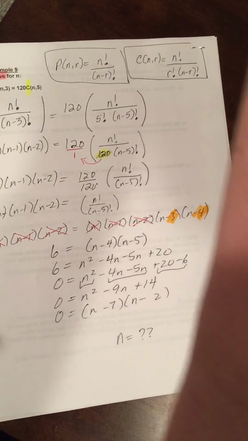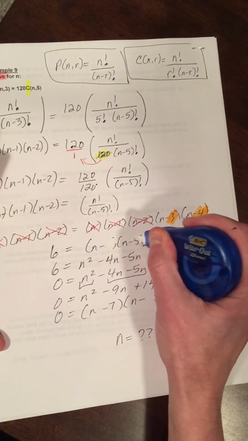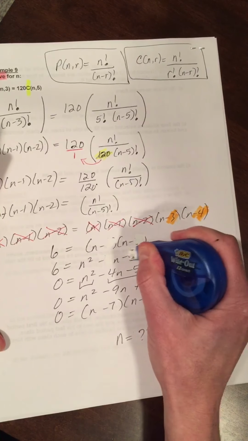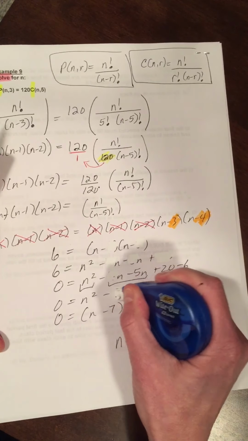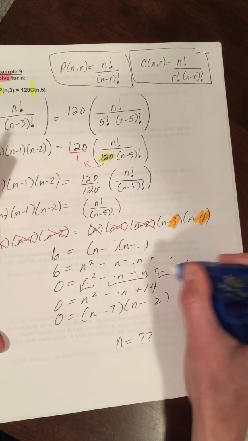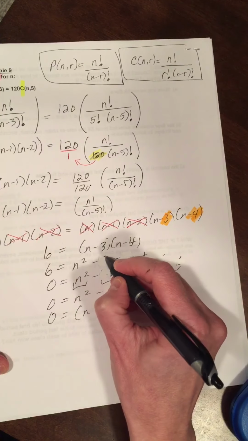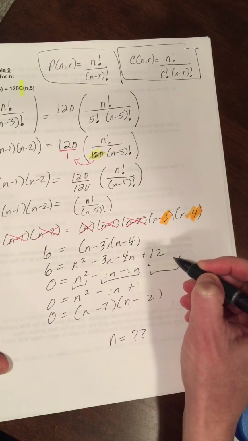Hold on, guys. I just realized. So bear with me for a second. This should have been n-3 and n-4. So when I expanded, it should have been -3n -4n plus 12.